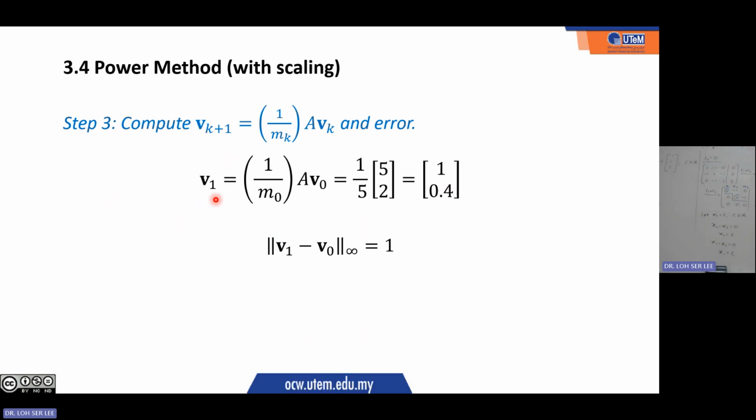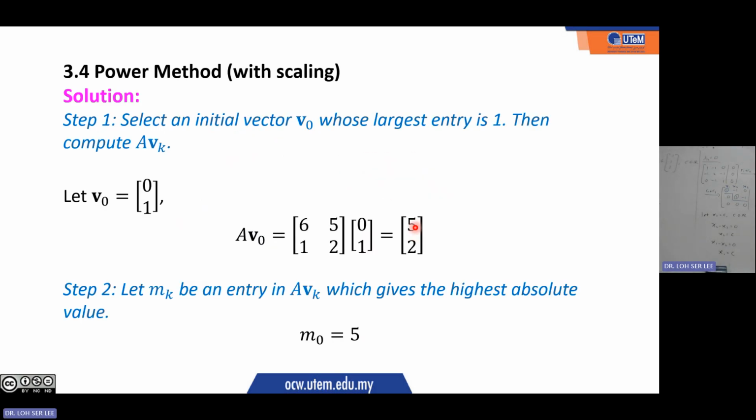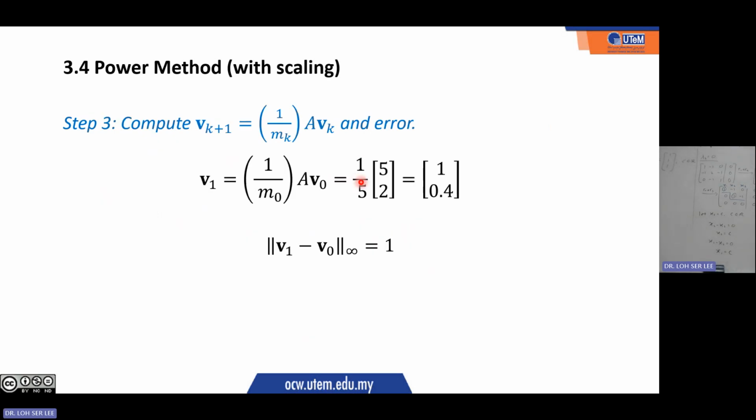Then we will compute the next V. This is something like normalization. The 5, 2 that you obtain from AV0, we will normalize by dividing all the entries by 5. That's why you have 1/5 times 5, 2. So 5 over 5, you get 1. 2 times 0.2, you get 0.4. So this is your next V.